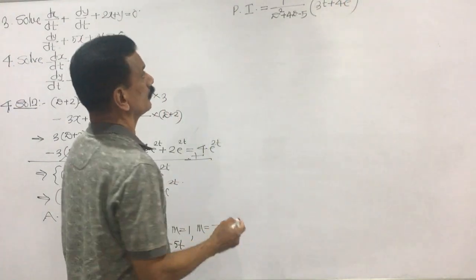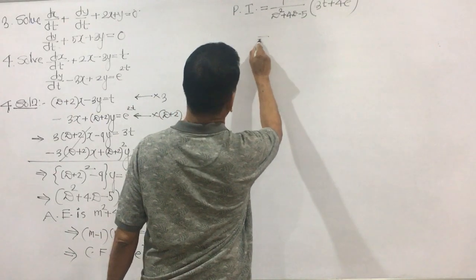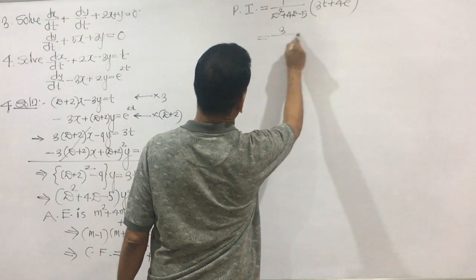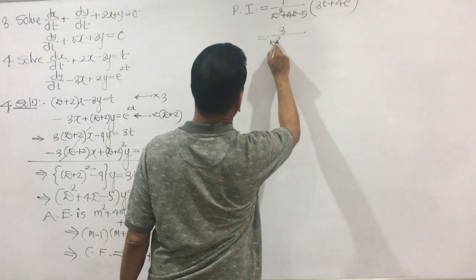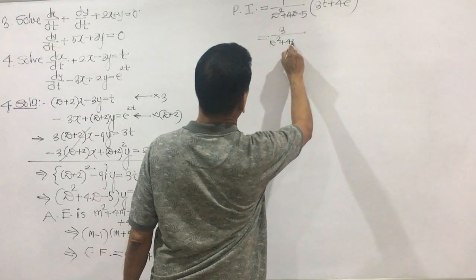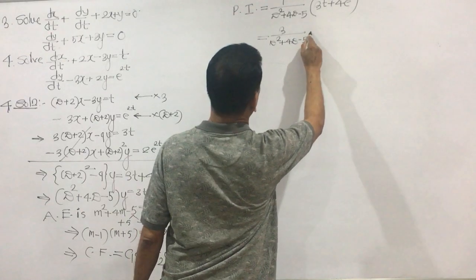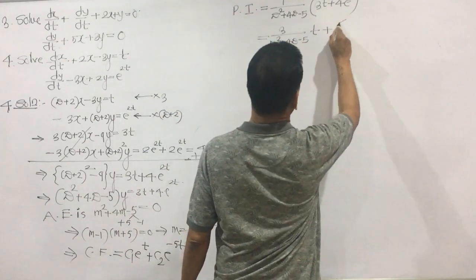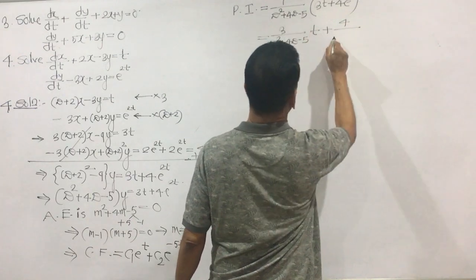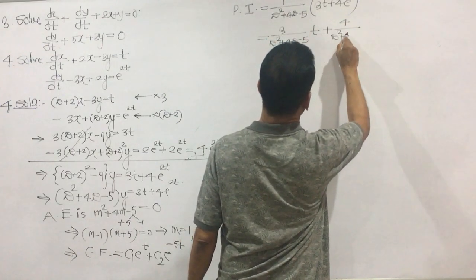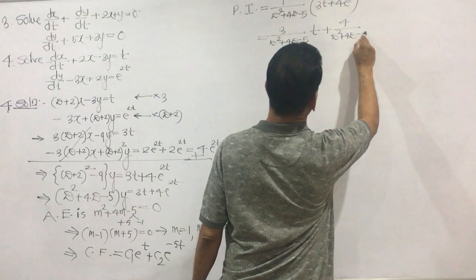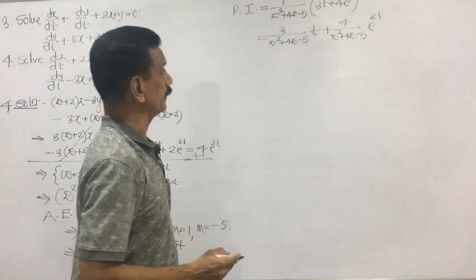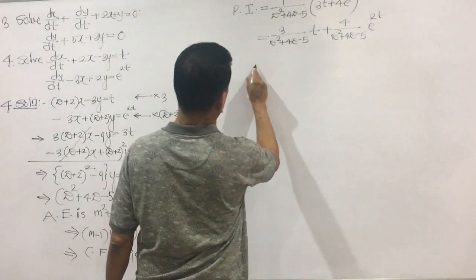Okay. So this I write as, dear friends, see here, 3 divided by, I write this term, D square plus 4D minus 5 operated on t, plus 4 divided by this D square plus 4D minus 5 operated on e raised to 2t. Okay. So this you know the method, you have studied that one.